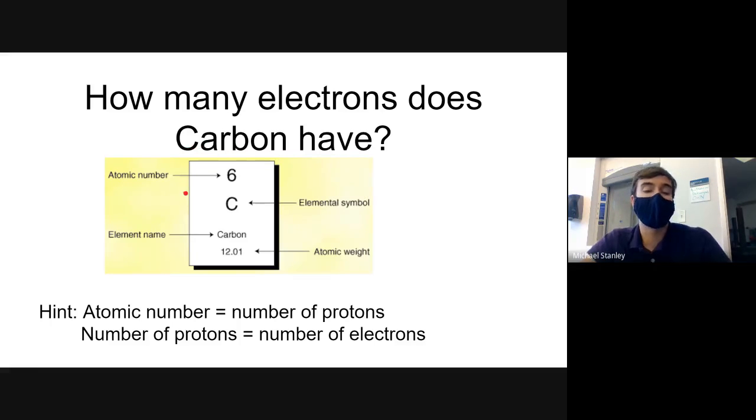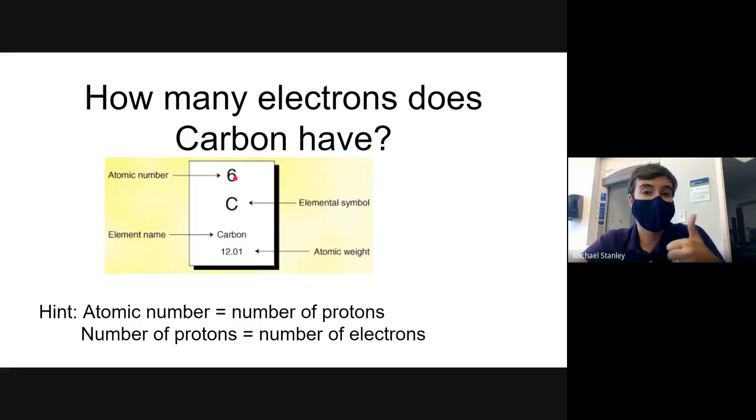You'll see this happen a lot for smaller elements. So like the first 7 or 8 elements have the same number for all of those. But then as you get bigger and bigger, you get a bigger difference between the neutrons and the protons and electrons.